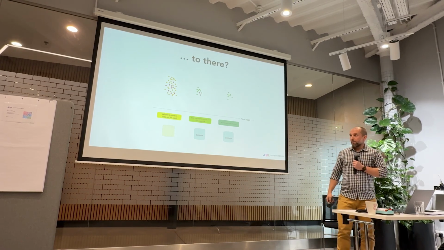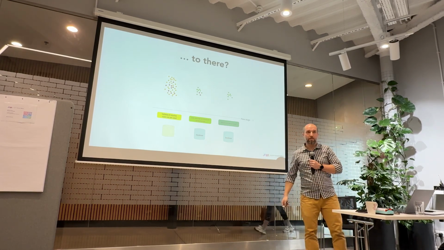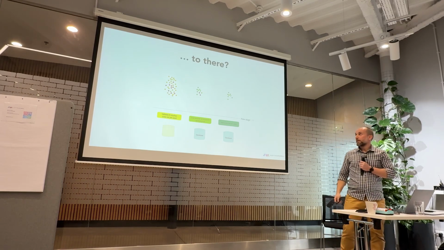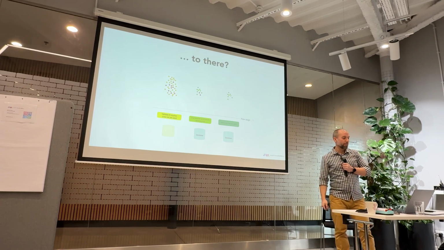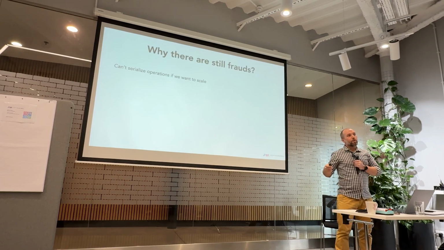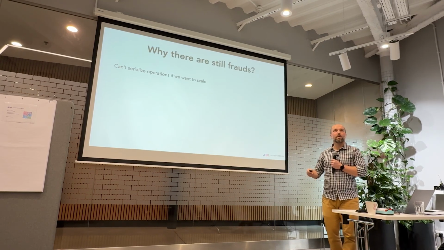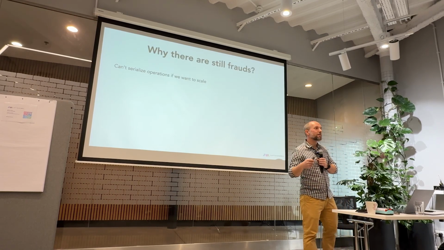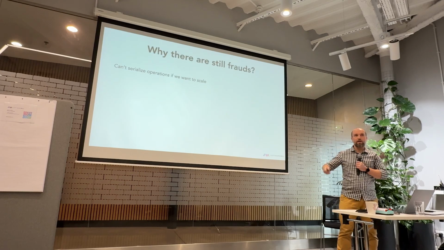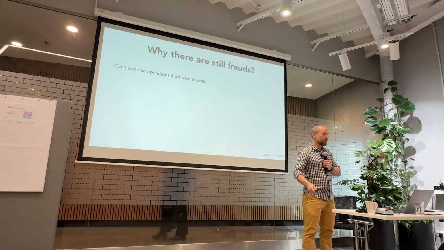So how can we get there, and why are there at least two red dots in there? Why can we not filter all the fraudulent requests at the beginning? The thing is, if you work in a really simple scenario, a really small service, you can afford to serialize all the requests, handle them one by one, and guarantee all the consistency of the data.